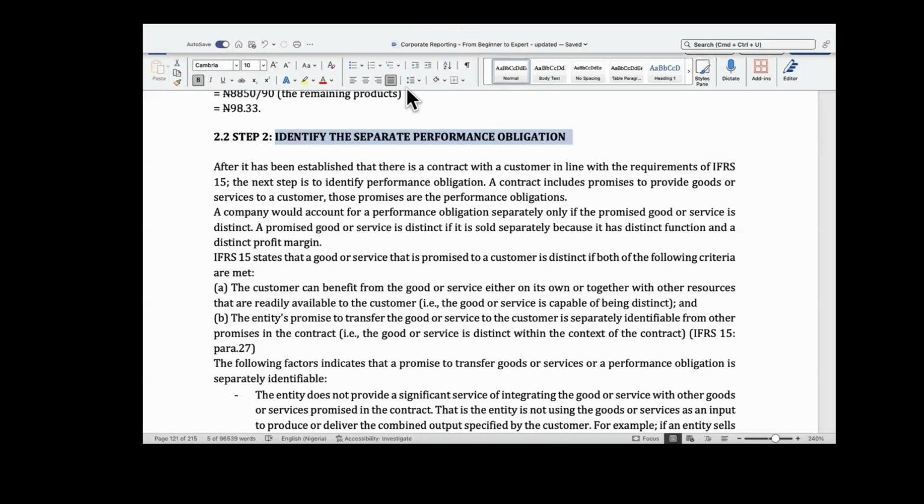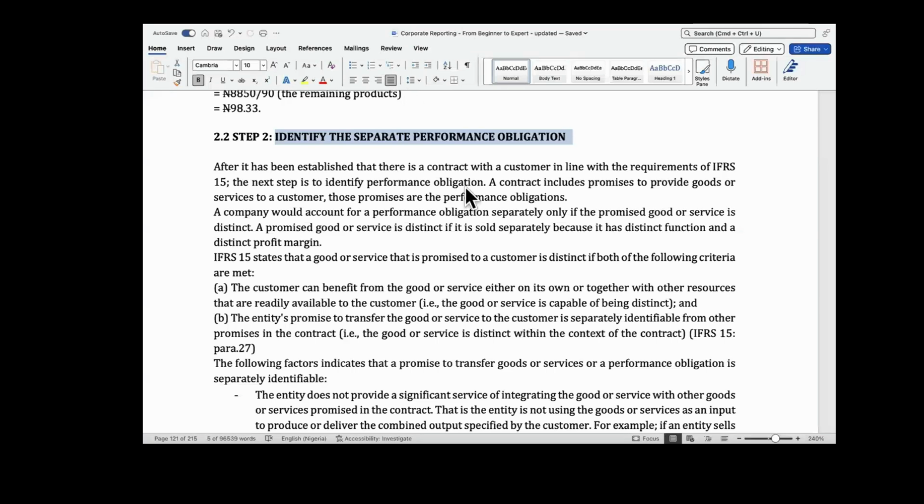Usually, what you will find in a contract is a promise to provide goods or services to a customer. Those promises to transfer goods or services are what we call performance obligations.